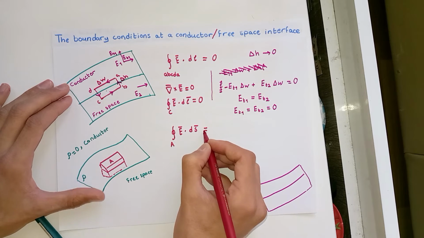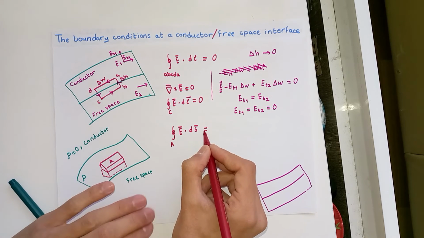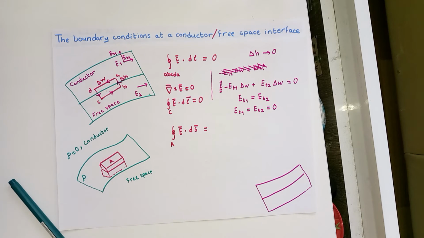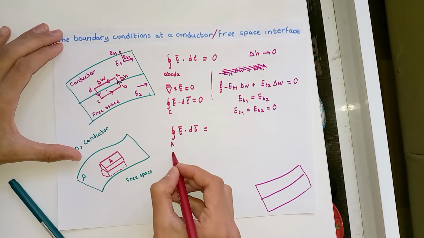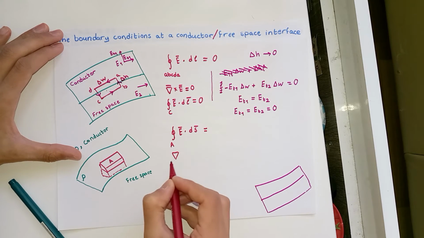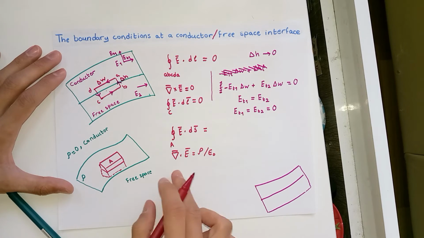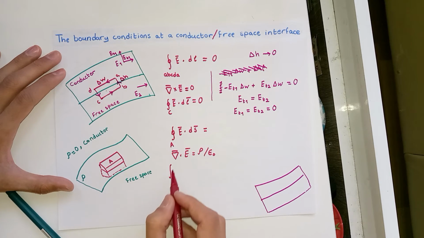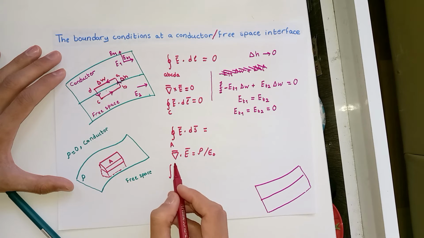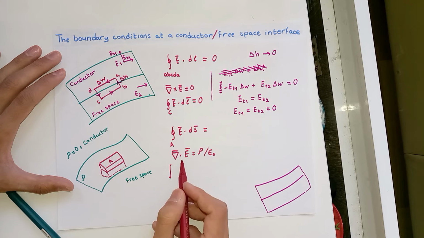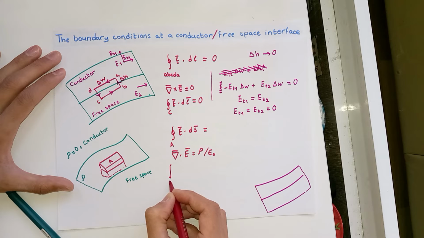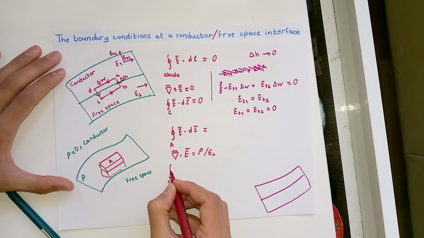What is the right hand side of this equality? Just remember Gauss's law, which is determining the divergence of the electric field. By applying the divergence theorem, we are going to take the volume integral for both sides. The volume integral of the divergence will end up as the surface integral, okay?